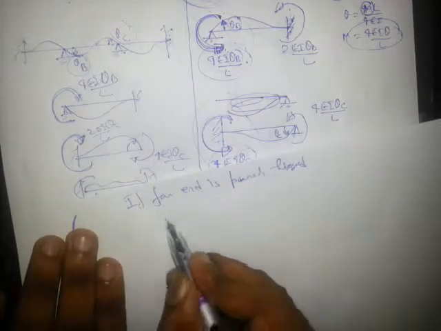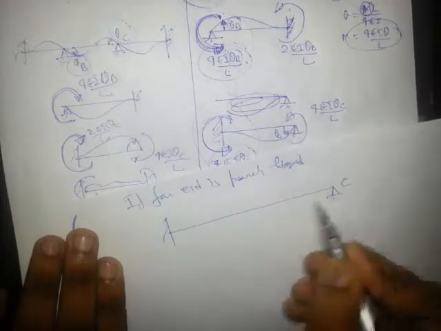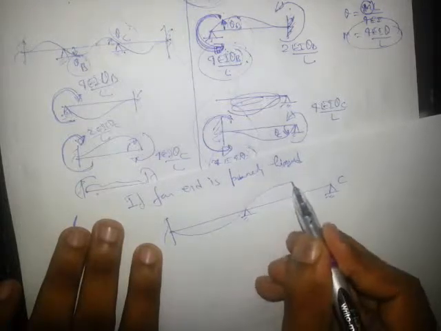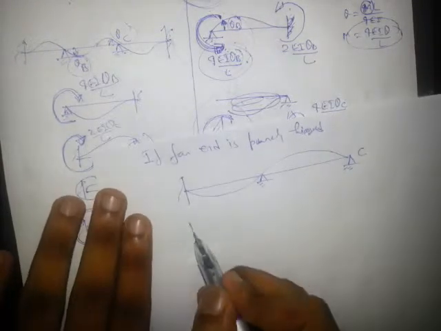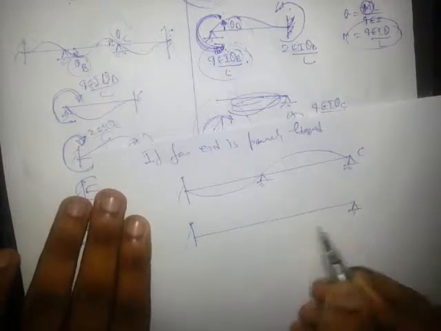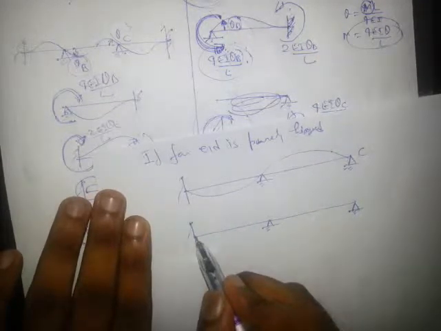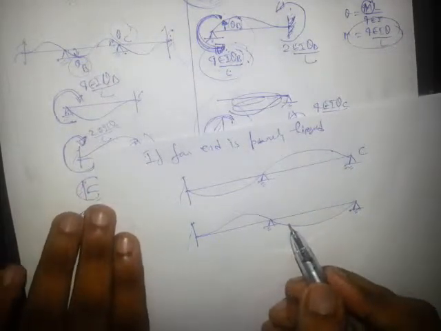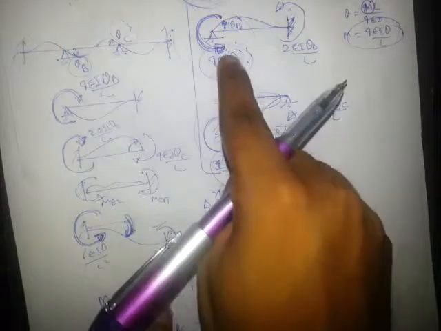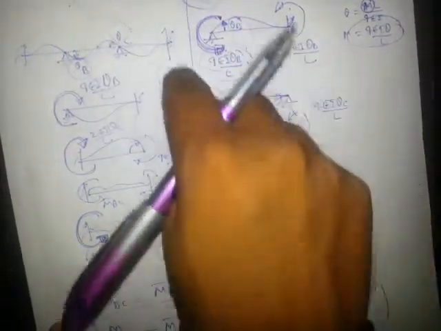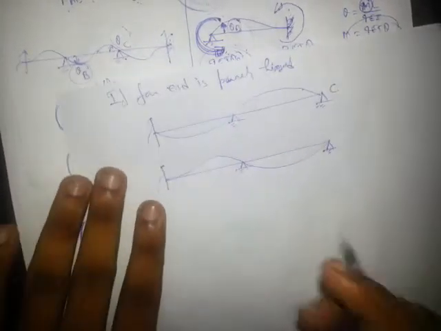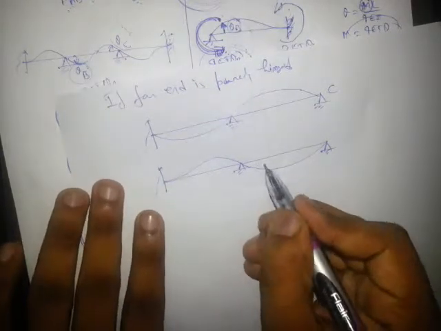This is B, this is C. We are trying to generate the equation like a book, means clockwise will be taken as positive, otherwise no need to take; you can directly write whatever is your value. So I am trying to derive the general equation.